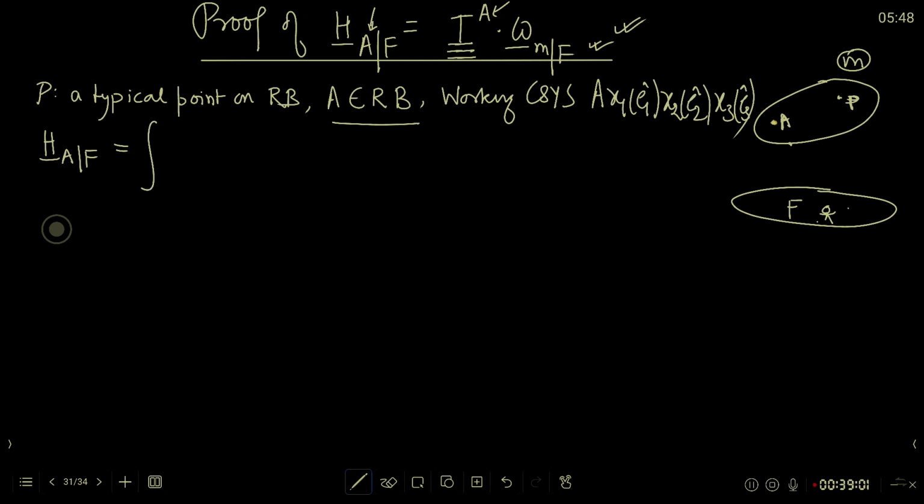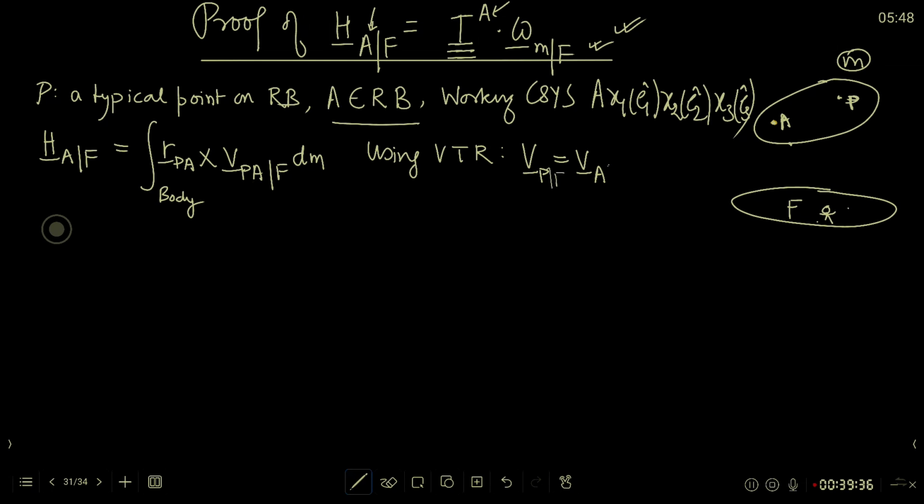Right? Or over the whole body. Now using the velocity transfer relationship, I can write the velocity of point P in terms of the velocity of point A. What am I using here?